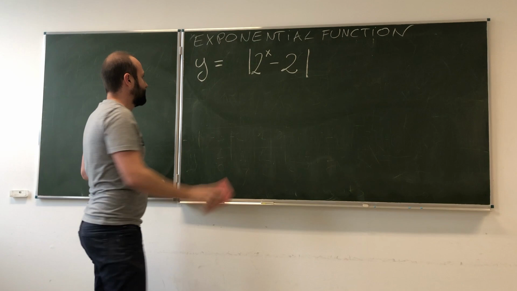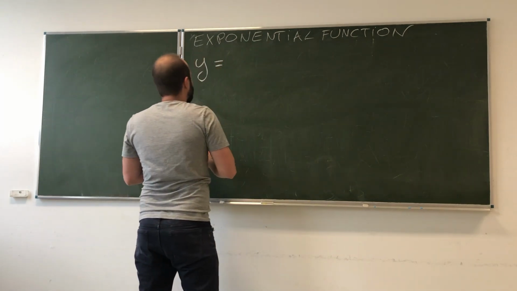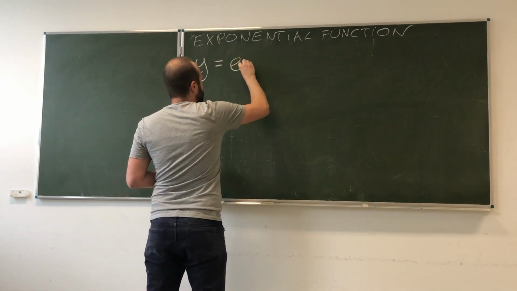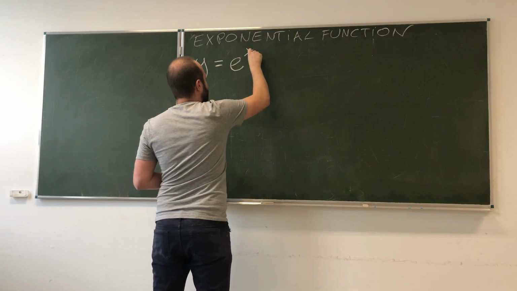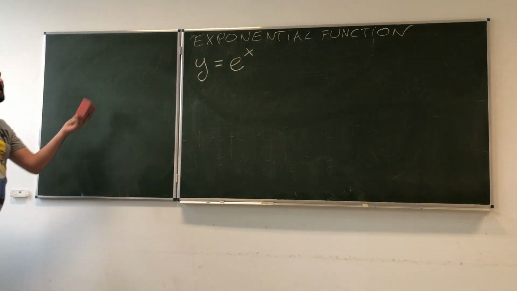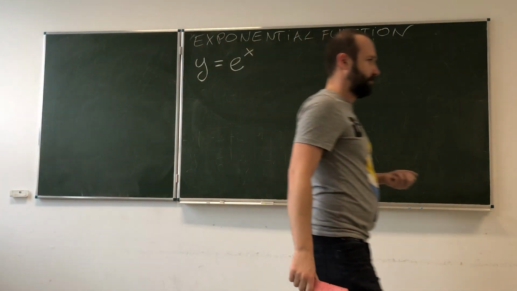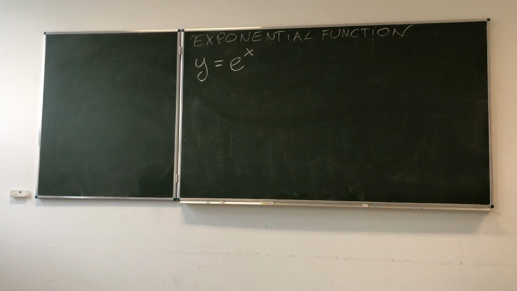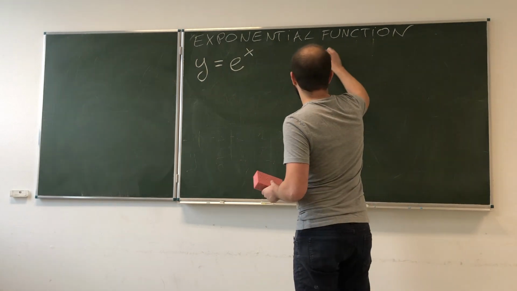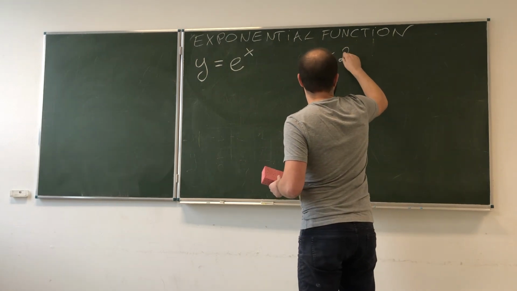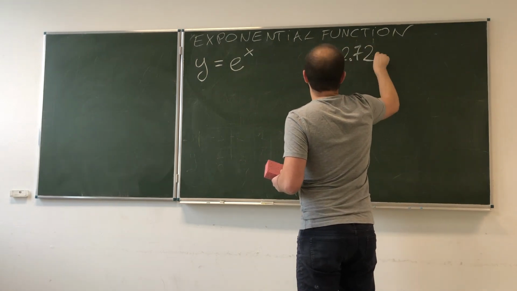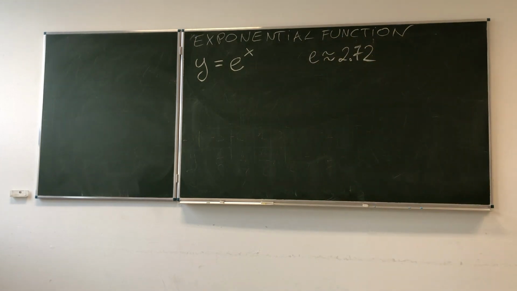The so-called natural base. What is natural base? Natural base is e. We already discussed where e comes from. We know that e is approximately 2.72, which definitely makes all the examples with it very unpleasant.